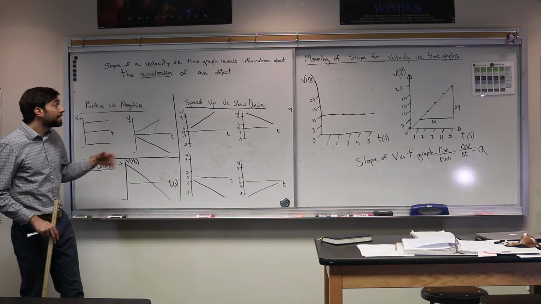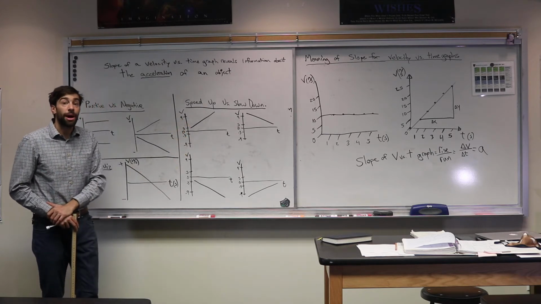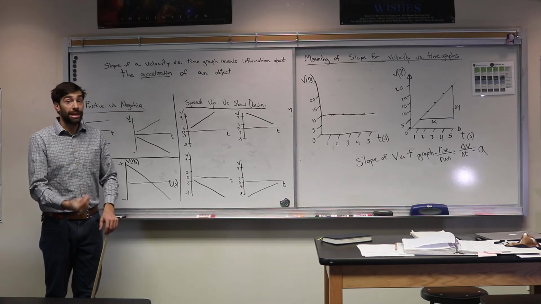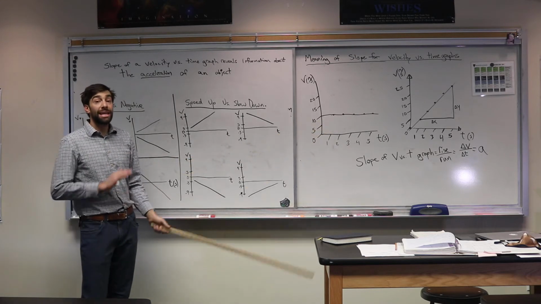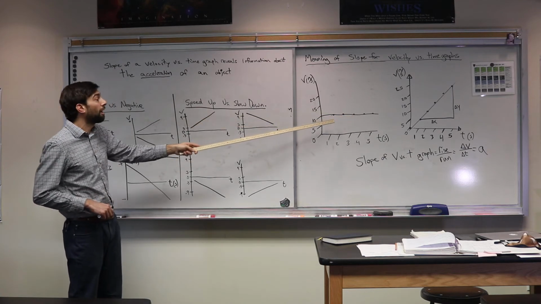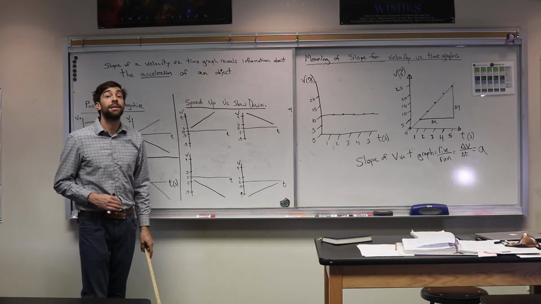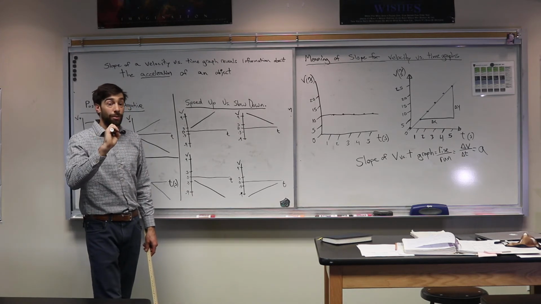All right, so now how do we tell by looking at a velocity versus time graph whether or not the object is speeding up or slowing down? We already talked, we know it's constant velocity when the slope is totally horizontal. So whenever our velocity versus time graphs look like this, we know for a fact that it's constant velocity and therefore an acceleration of 0.